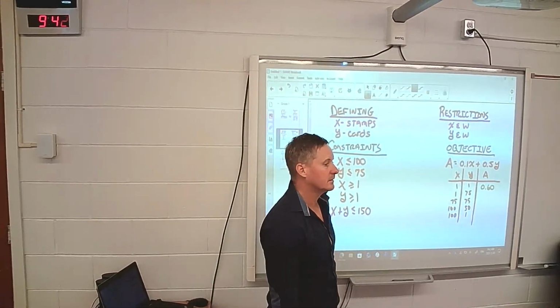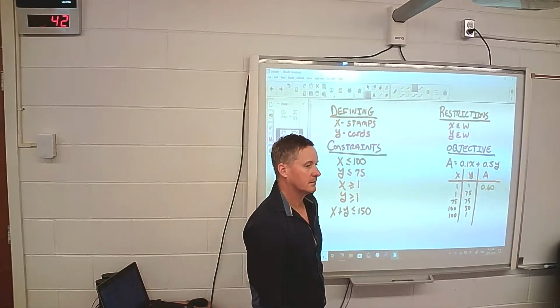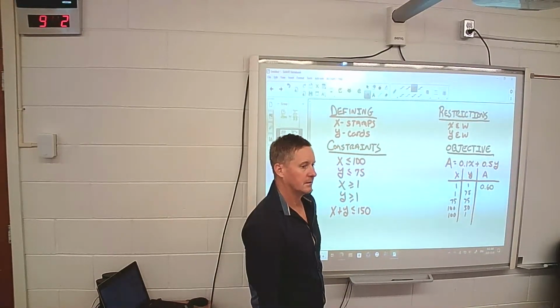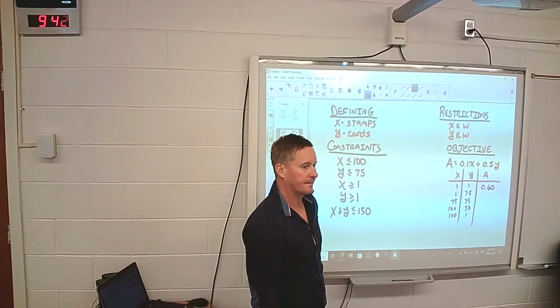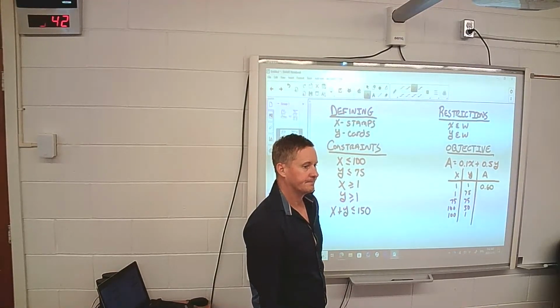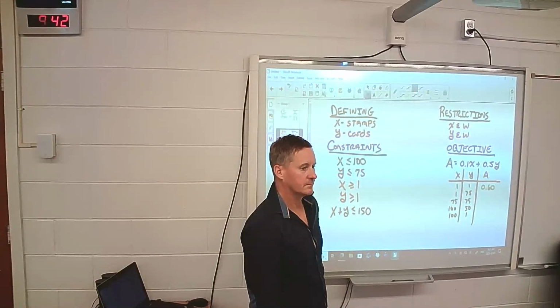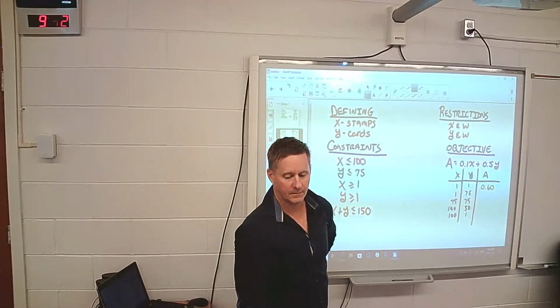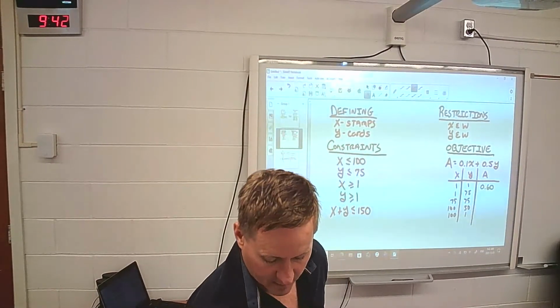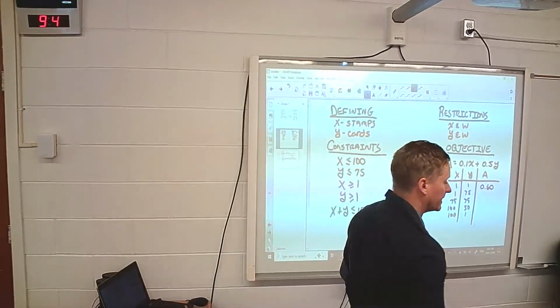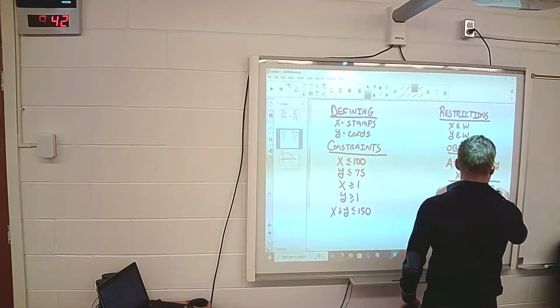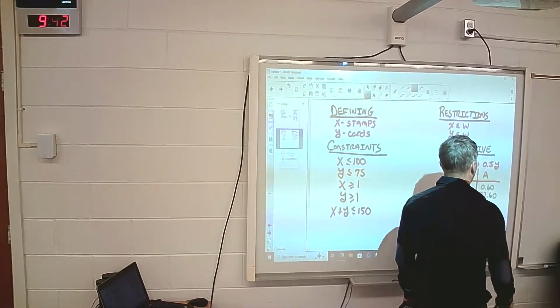What do you got? You said it was 5 times 75, maybe 0.5. Is it 37? Okay. Yeah, 37.6. $37.60.